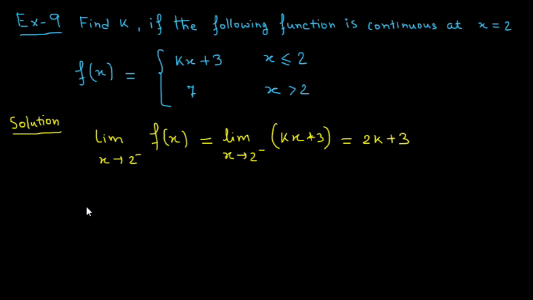Limit x tends to 2 plus f(x), limit x tends to 2 plus 7 is equal to 7.